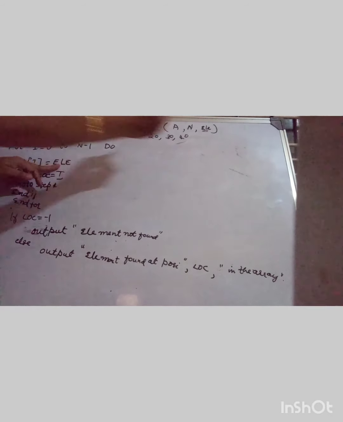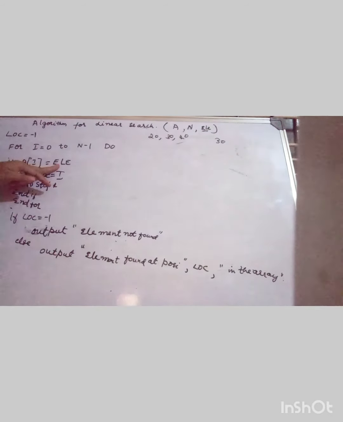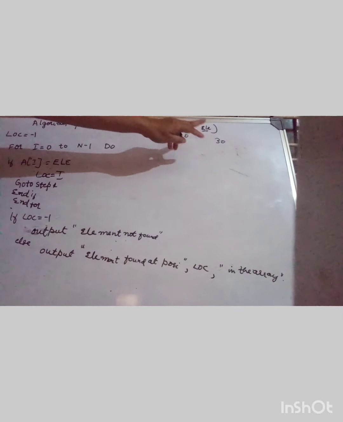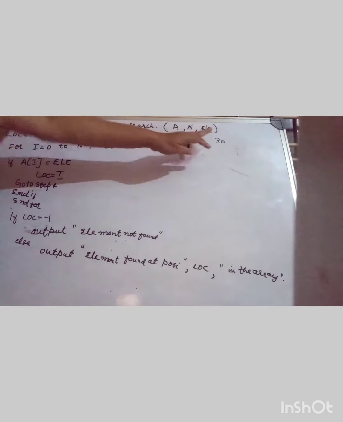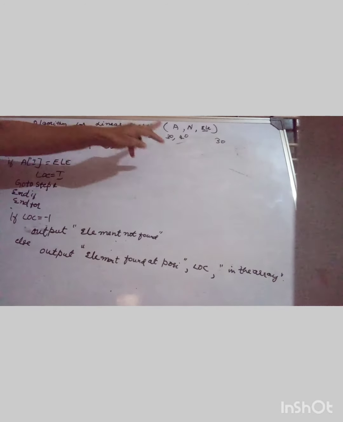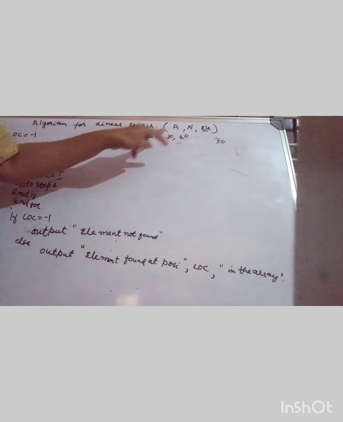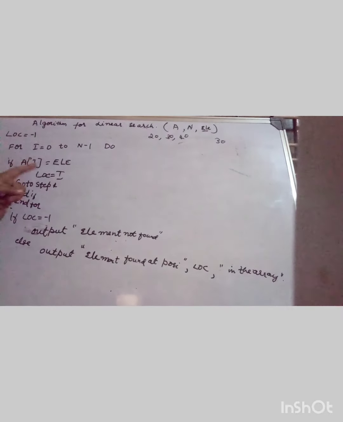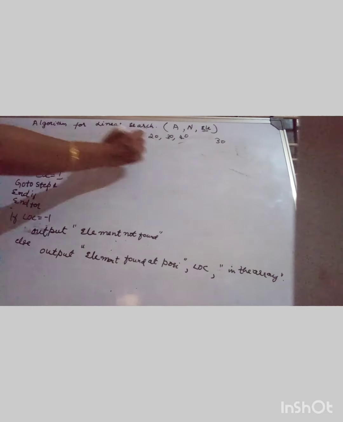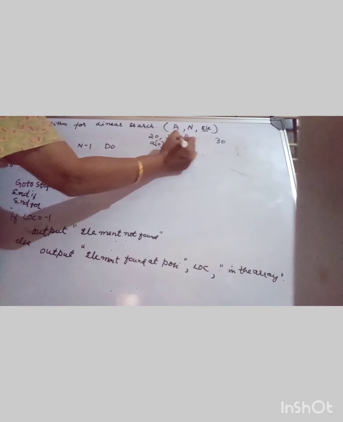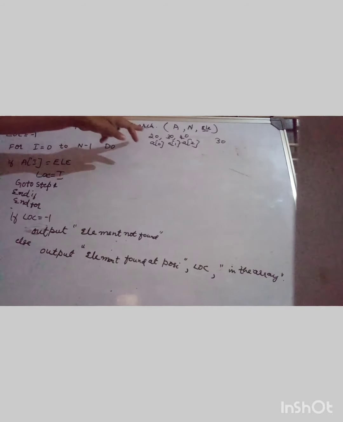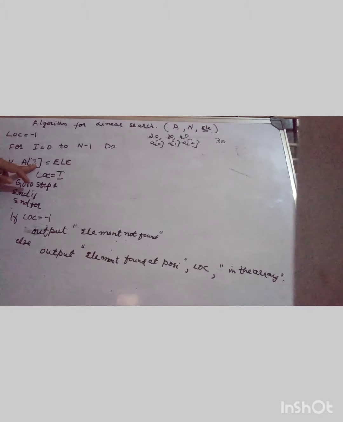Suppose I give 30, search for 30, then each element is tested with 30. If any element in the array matches, that's the location. This is A of 0, A of 1, A of 2. These are the elements I am having. First A of 0 will be taken, matched with 30, doesn't hold good.